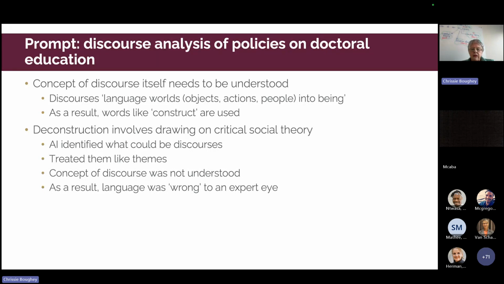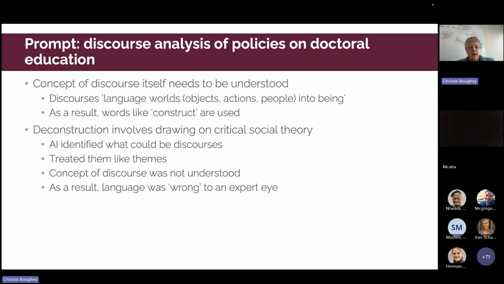So what happened in this particular example of the research I was involved in, colleagues used AI. They fed in a whole lot of policies that were actually policies in Kenya. They fed in the policies on doctoral education, and they asked it to do a discourse analysis. I don't know what they used.